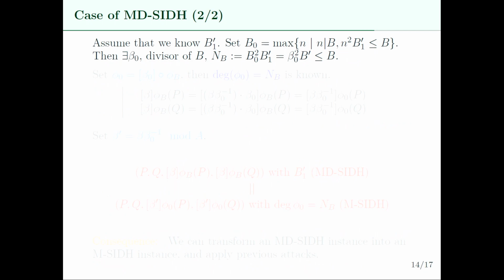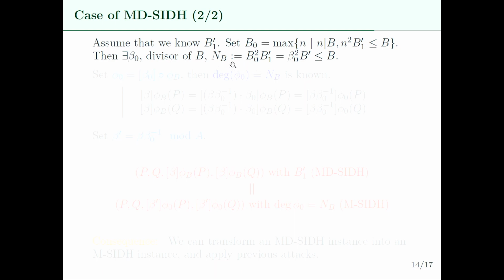Now I explain the reduction. I assume that we already know b1 prime, and we set b0 as the maximal integer satisfying this property. And here is the value beta 0, and it satisfies b0 squared b1 prime equals beta 0 squared b prime.